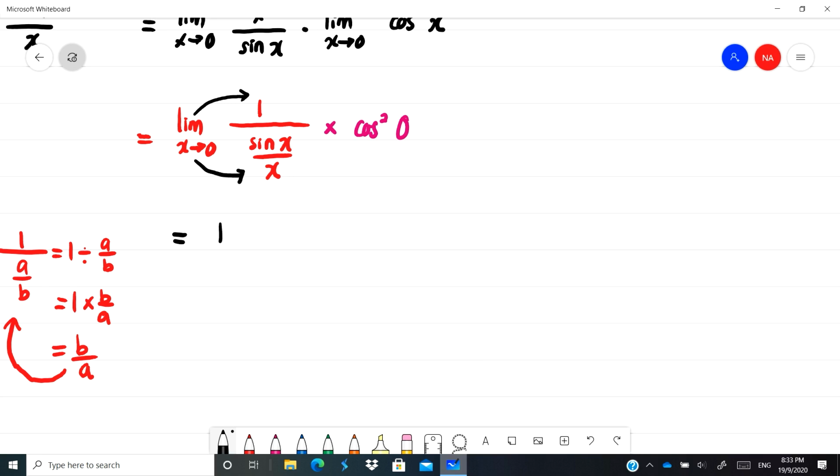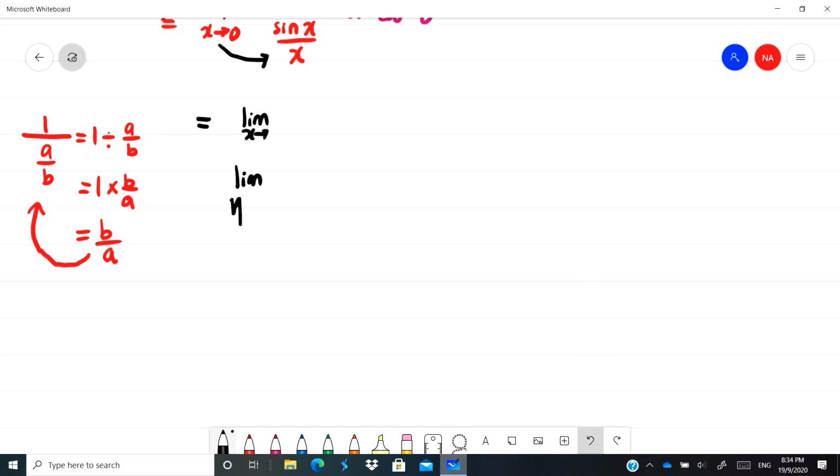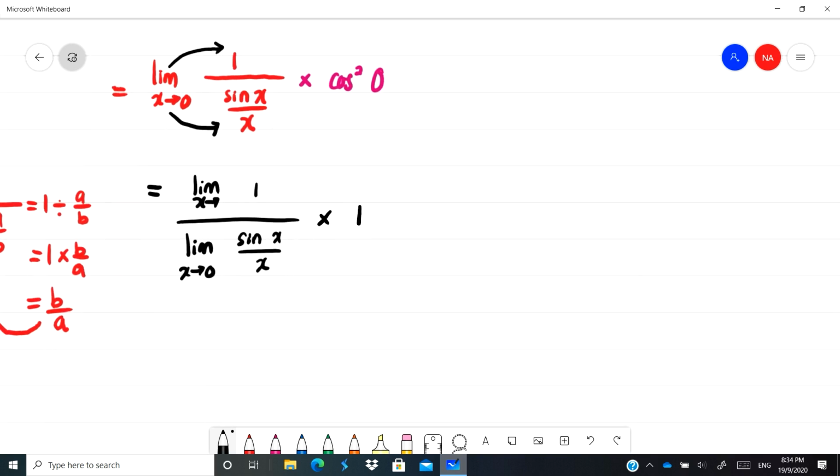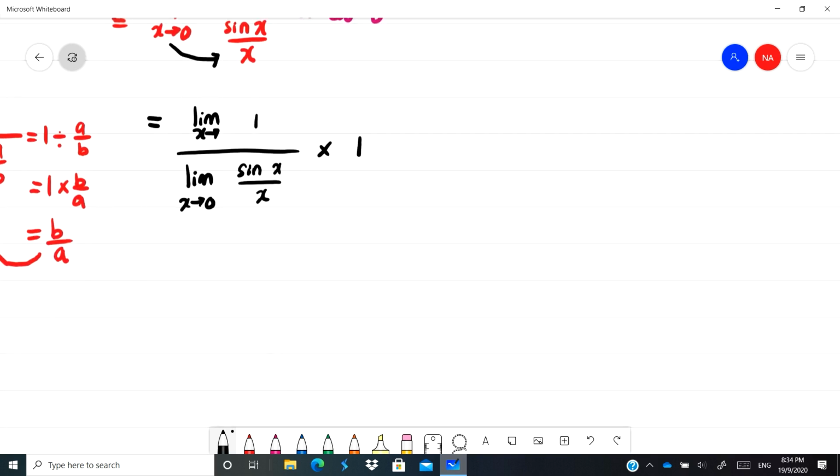So we'll have the limit as x approaching 0 of 1, and the limit as x approaching 0 of sine x over x. Then cos squared 0 multiplied by 1. Only then can you use the squeezing theorem.